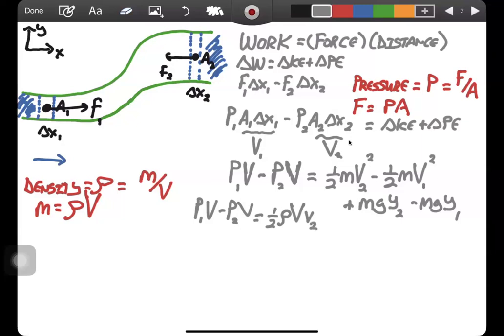And so we're going to say that's V2 squared. So I just simply substituted for mass density multiplied by volume. And then I have minus 1/2 rho V1 squared.